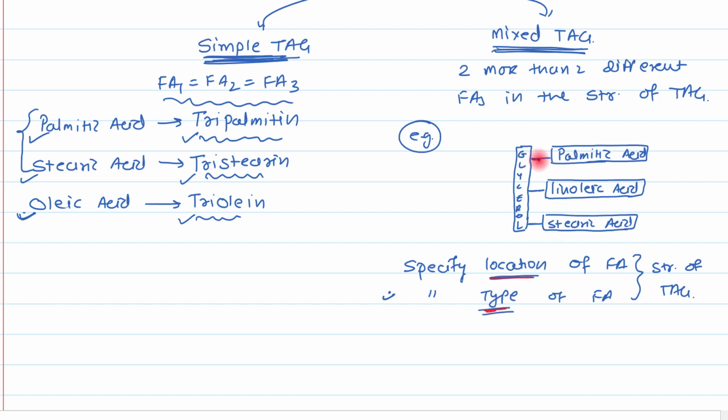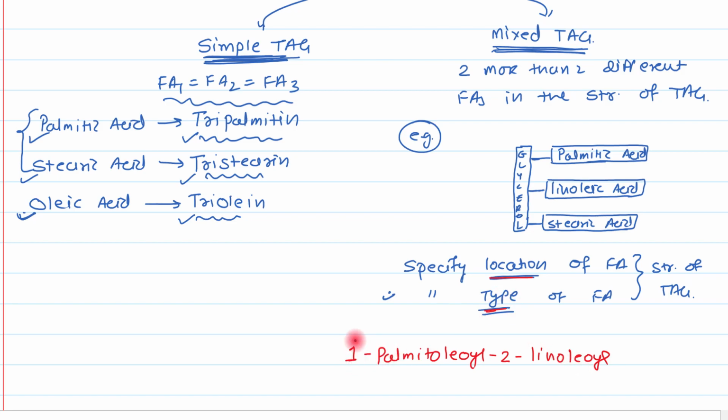On carbon number 1 we have palmitic acid, so I write the position 1 and refer to it as 1-palmitoyl. For the second carbon we have linoleic acid, so I write 2-linoleoyl. So 1-palmitoyl, 2-linoleoyl.